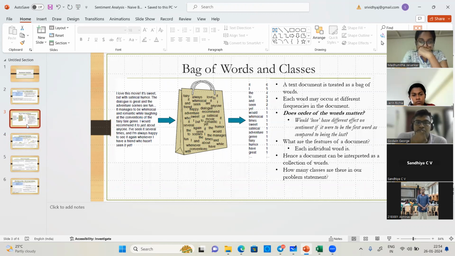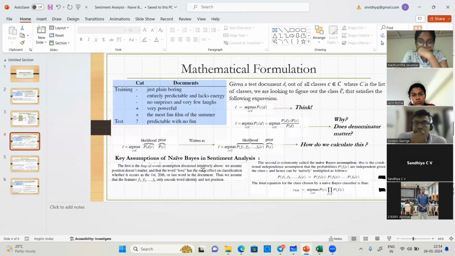So if there are 10 words in the document, then there are 10 features. So if you look at it, this whole expression is written as probability. I mean, of course, P of C doesn't change. That remains the same, evidently. But the D has been replaced with F1, F2, F3, Fn given C. Basically, F1, F2, F3, F4 are features, but features are words here.